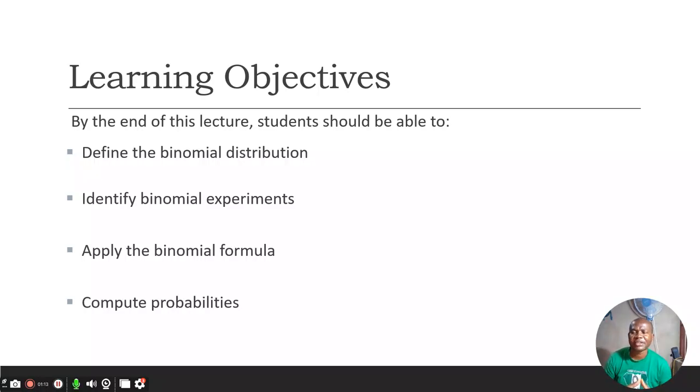So, for the learning objective, at the end of this presentation, I expect that you should be able to define what binomial distribution is all about. You should be able to identify binomial experiments, and again, apply the formula of binomial distribution, or call it the binomial formula, to different experiments, and also be able to compute different probabilities.